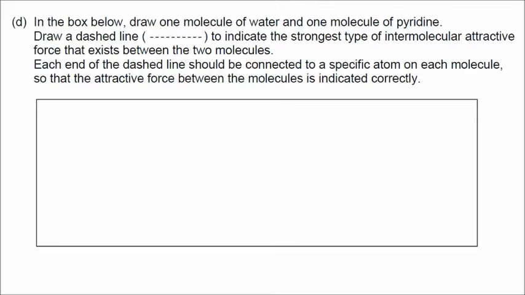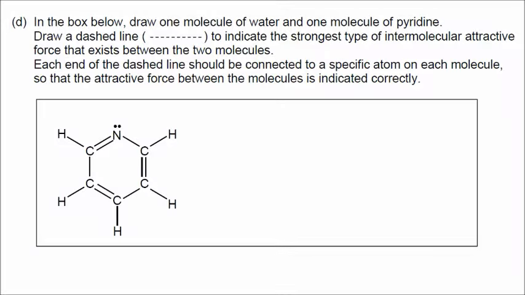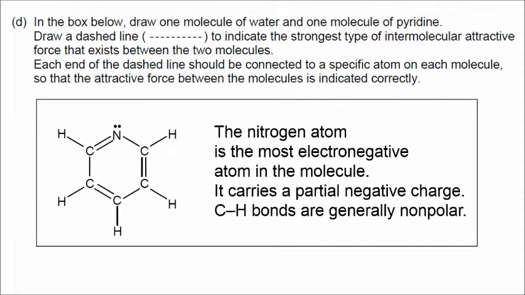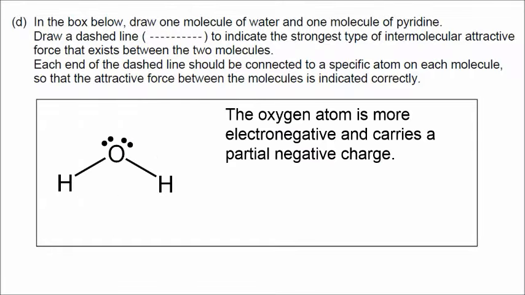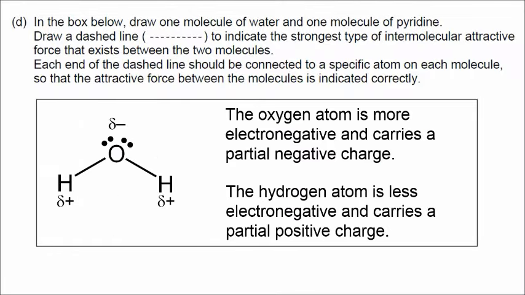Before we draw the attractive force between pyridine and water, let's focus on the location of the dipole. The nitrogen atom in pyridine is the most electronegative atom in this molecule, so it would carry a partial negative charge. Now the CH bonds, the hydrocarbon bonds, are generally nonpolar. So we're focusing our attention on the nitrogen having a partial negative charge. Of course, with water, we have both a partial negative and a positive charge.